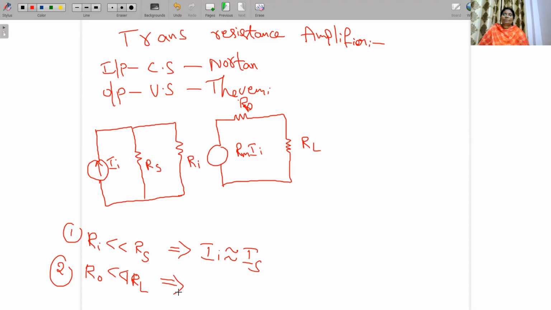If R naught is far less than RL, then V naught is equal to Rm into IA, so V naught is approximately equal to Rm into Is.